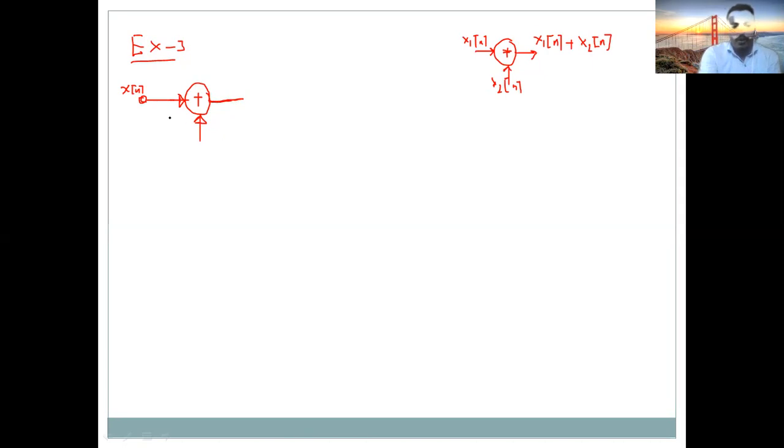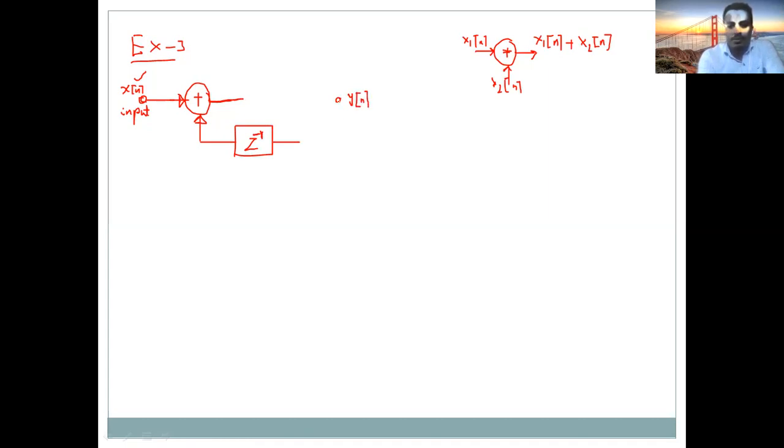As you can see here, one of the signals is our input. Another signal comes from the output side. Look here. This is another circuit element, the symbol is z to the power of -1. This is our y of n, which is the output.